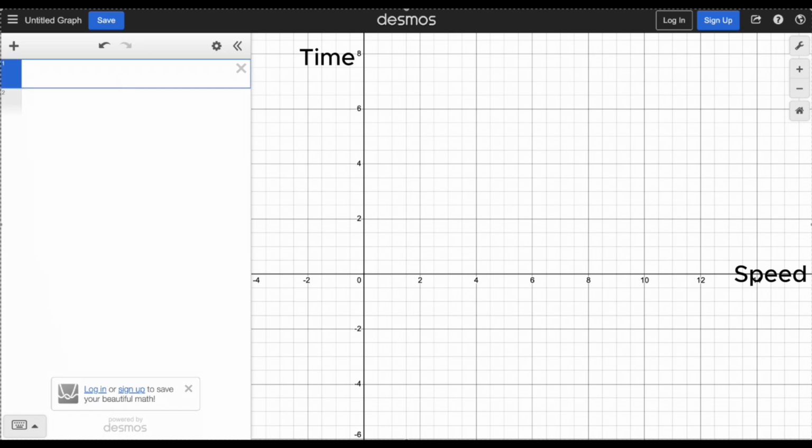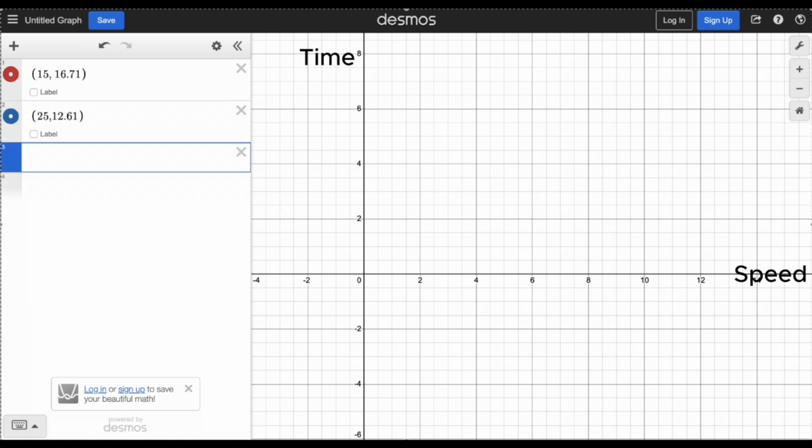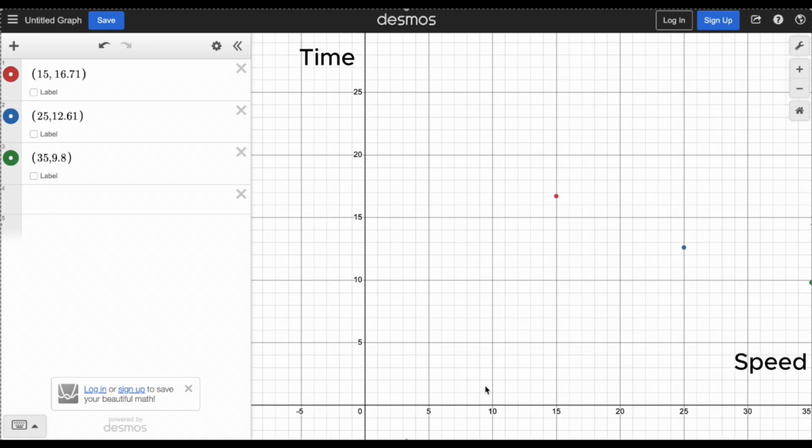So our first one was 15 kilometers per hour at 16.71 seconds. And then the second one was 25 kilometers per hour at 12.61 seconds. And then the third one is 35 kilometers per hour at 9.8 seconds. So let's take a look at it in the graph.